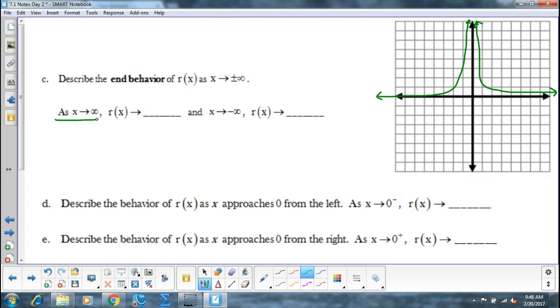Is that left side or right side? Right side. What's our function doing? It's going to 0 from above. As x is going to negative infinity, what's our function doing? It goes to 0 from above. Same thing.